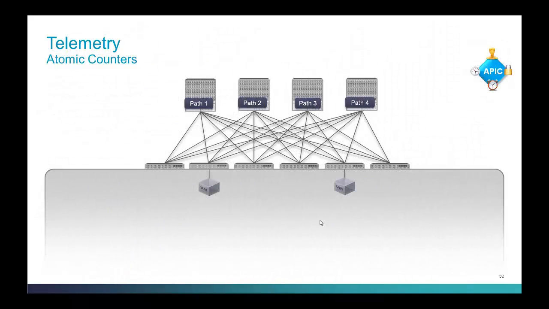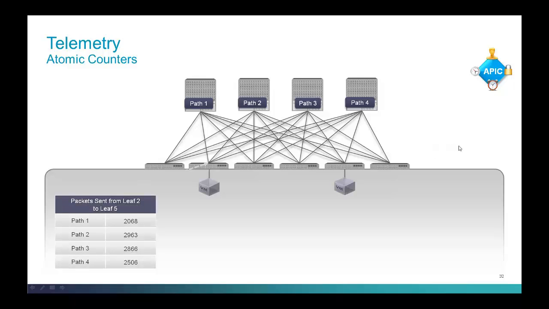So if, for example, we have a VM attached to leaf 2 talking to a VM on leaf 5, and there are 4 spines, then as we're using flowlet switching, there are 4 multiple paths that can be taken from VM2 to VM5.